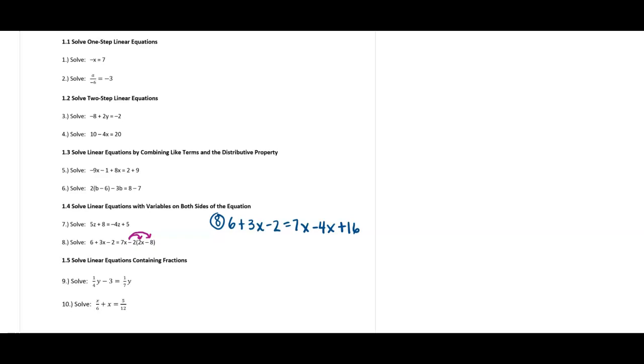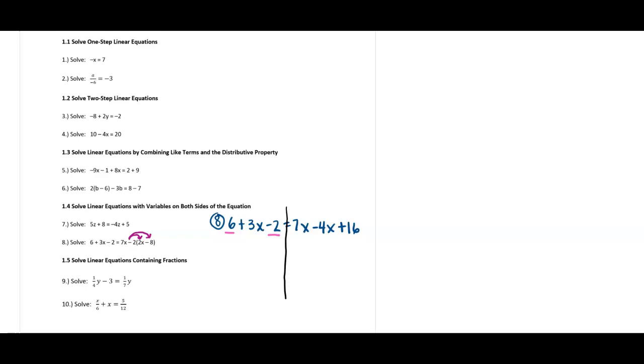So when we did the first one, remember I said some students like to put a little line down where the equal sign is, just to help them know: am I combining like terms, or am I doing the opposite operation because I'm moving it over from one side? Remember, if you're moving something from one side of this line to the other, then you have to do the opposite operation. But here we've got 6 minus 2, and they're both on the same side of the equal sign, so I'm just combining those together.